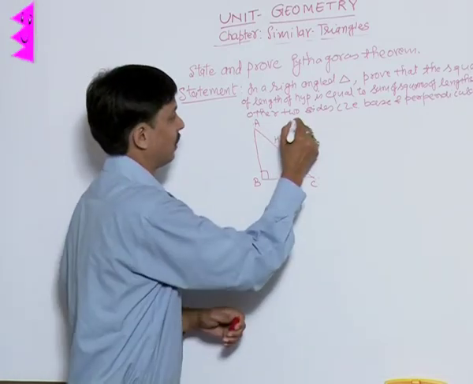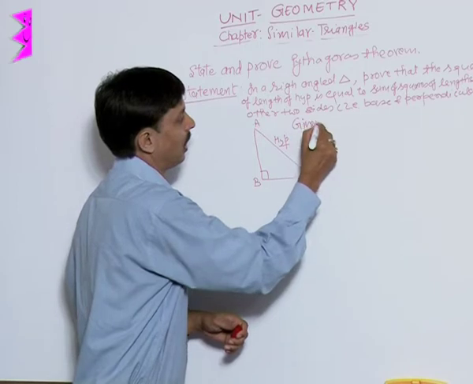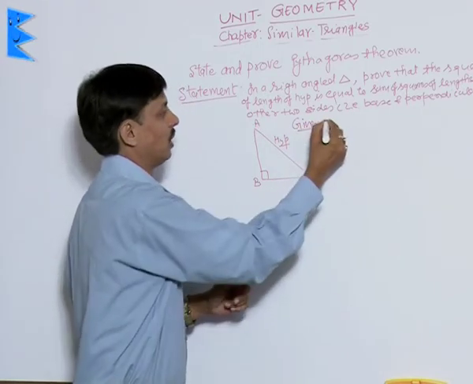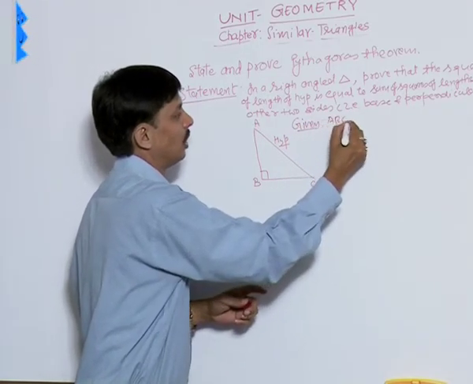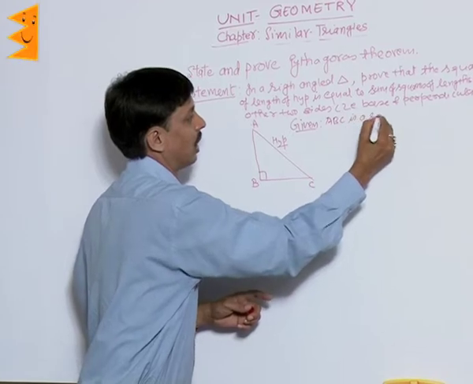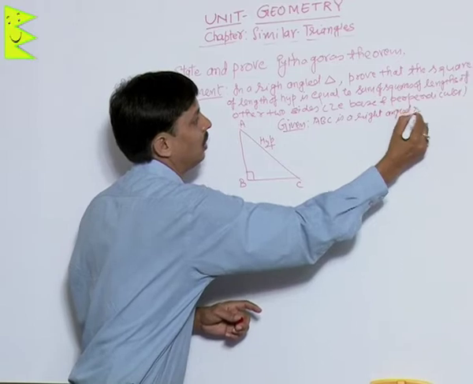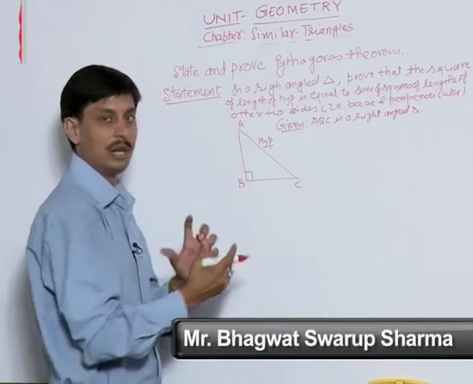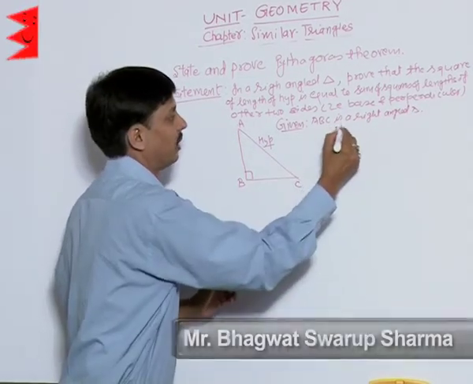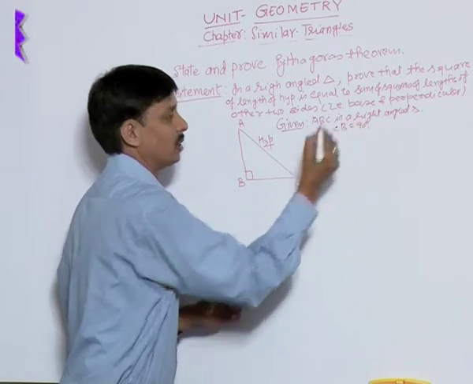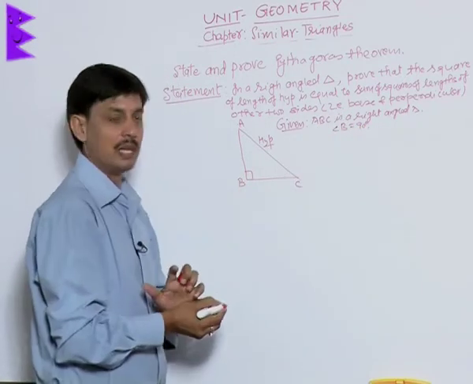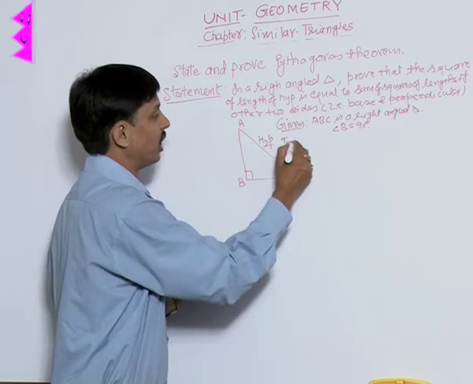So what is given here? We can write in the given only one thing: ABC is a right angled triangle. This much we have, that triangle ABC is right angled at B. So we can mention angle B is 90 degrees. What do we need to prove?